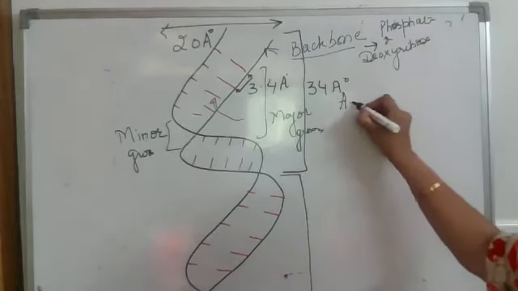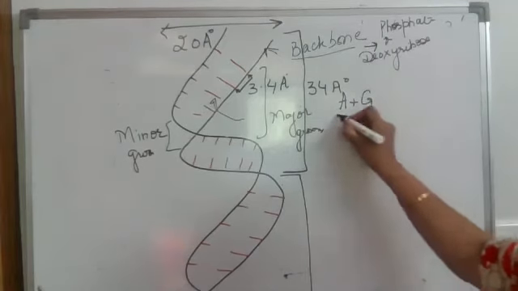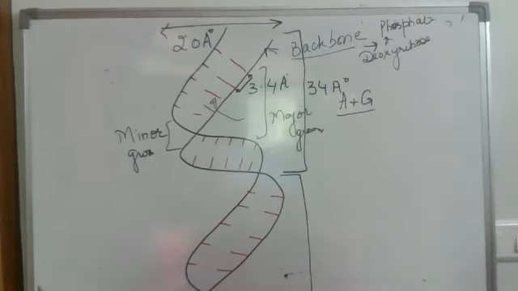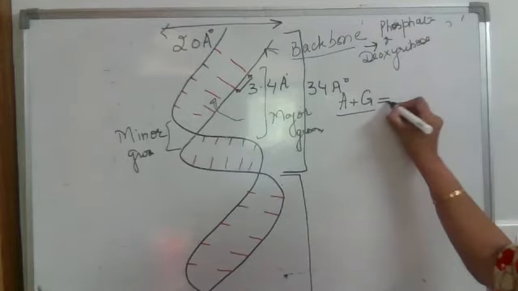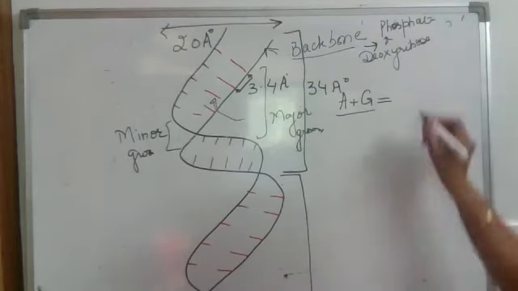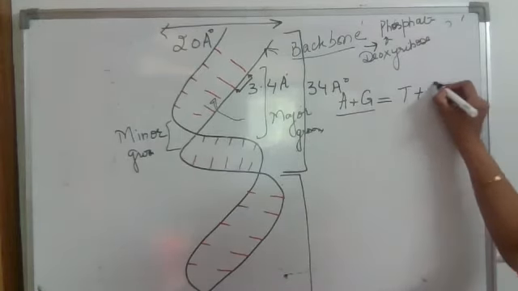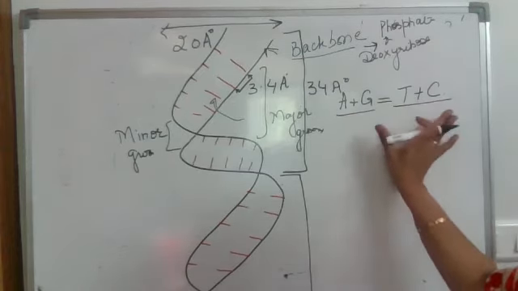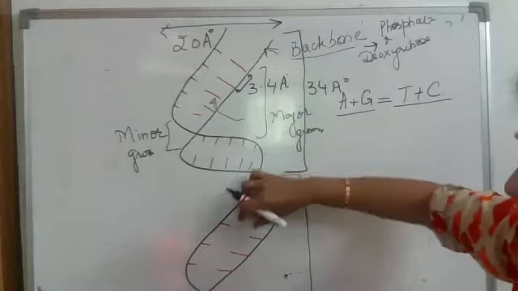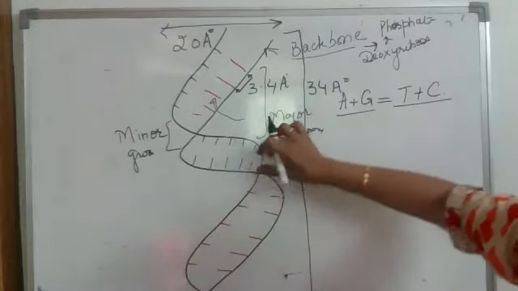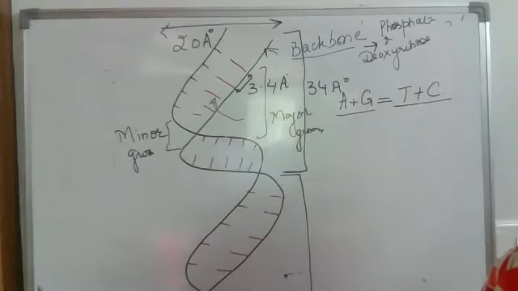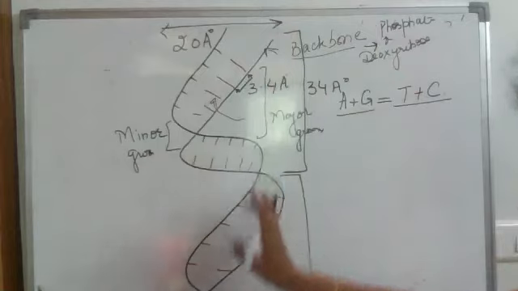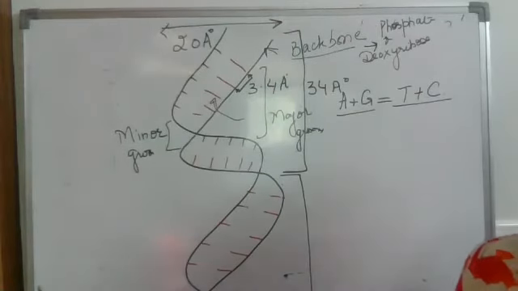Adenine plus guanine, that is the total number of purine bases, they are always equal to the total number of pyrimidine bases. And it is because of this ratio that the distance between the two strands is maintained equally throughout the long strand of the DNA.